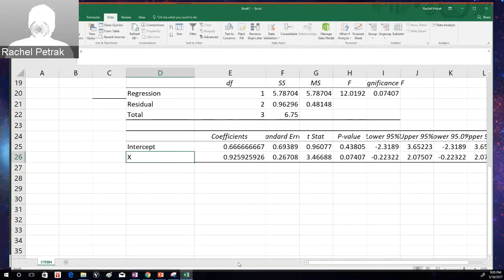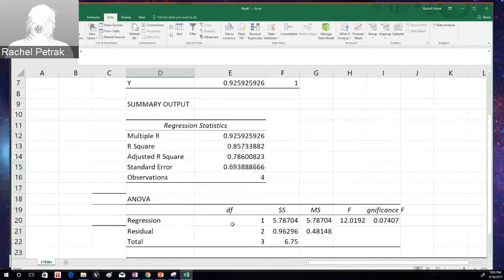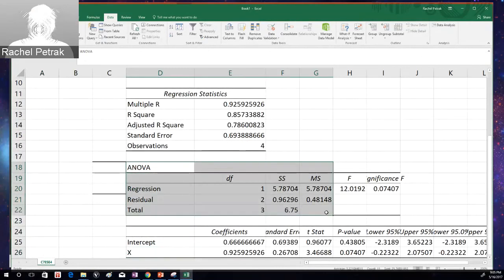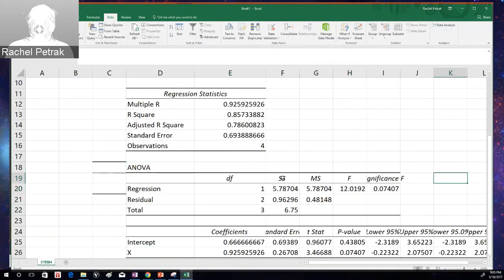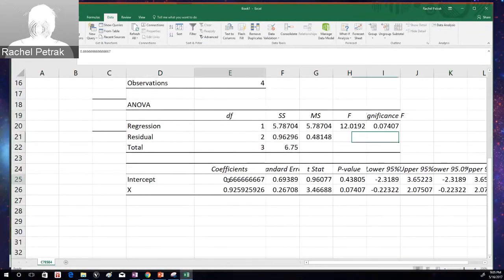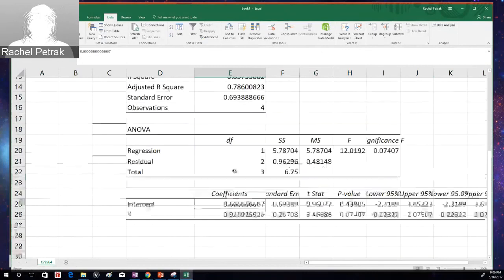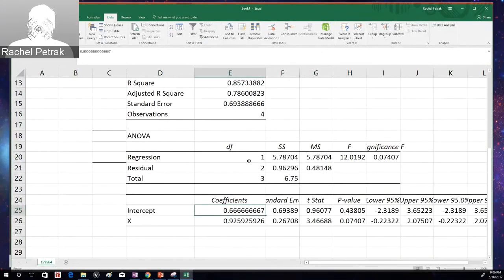It is a lot of information. Again, don't worry. You haven't learned how to read this other stuff yet, but it's going to pop it out anyways. It's going to give it to you whether you ask for it or not, even if you just want this one piece, but that's fine. You just need to know where to find the data that you're looking for. And eventually this will all be legible to you, I can promise that.